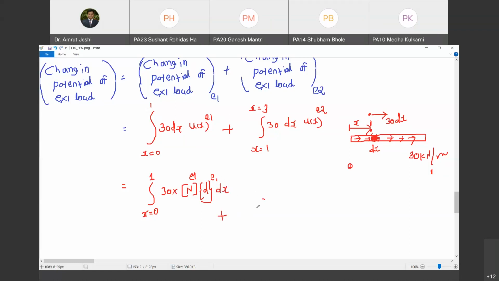Plus, can I write this as x equal to 1 to 3, 30 into N for element number 2 into d for element number 2. Do you agree with me? Type your response in chat box.